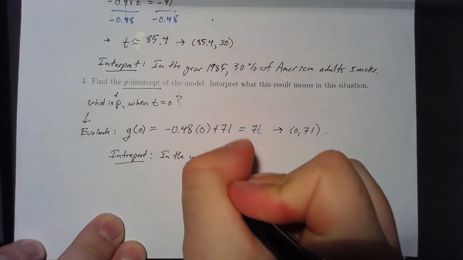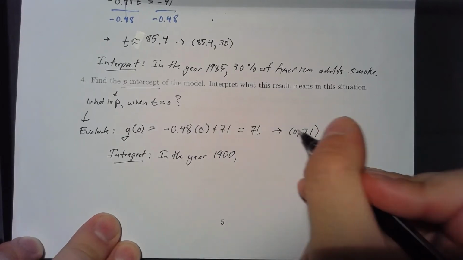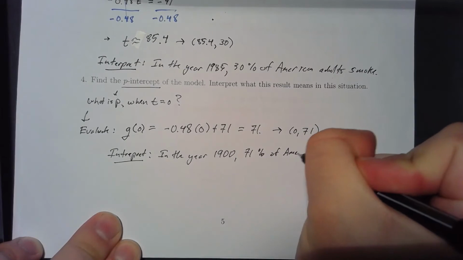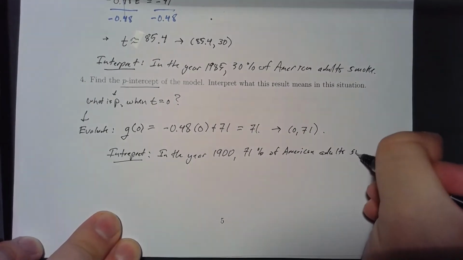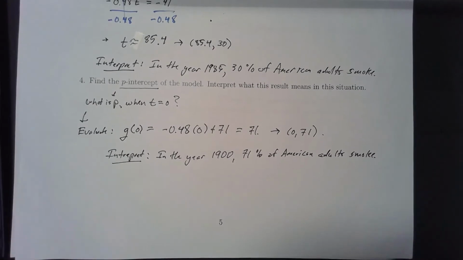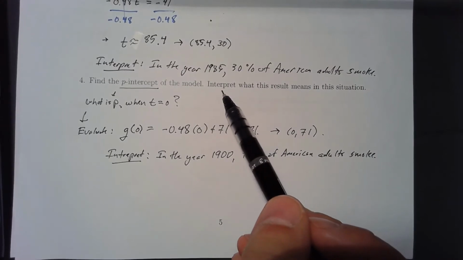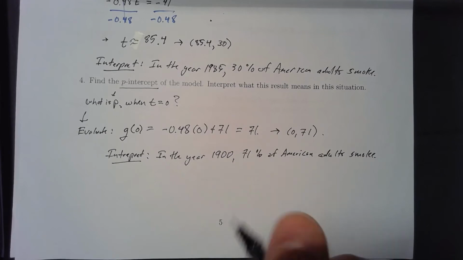So in the year 1900, 71% of American adults smoke. Now, even though I don't ask you here, I want you to think about this. Is this model breakdown?